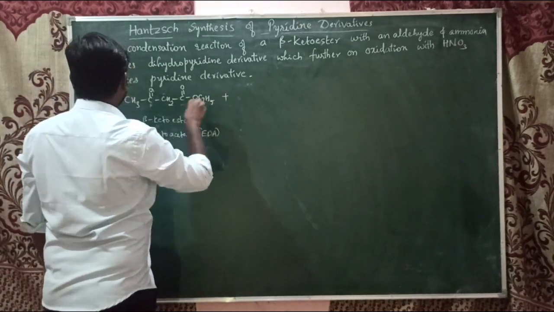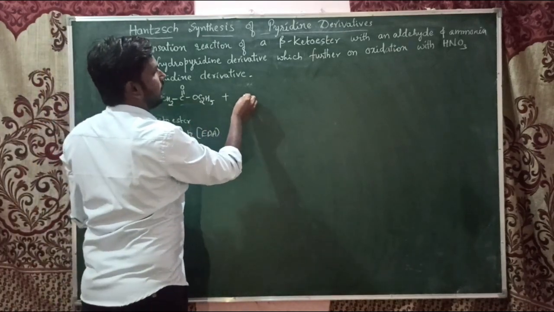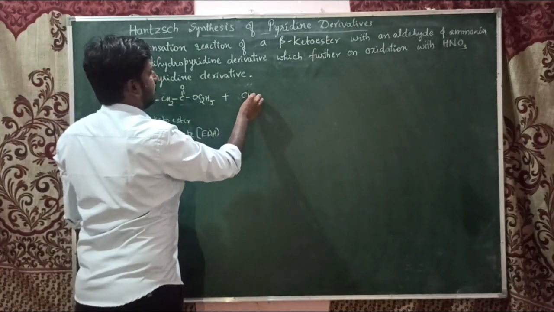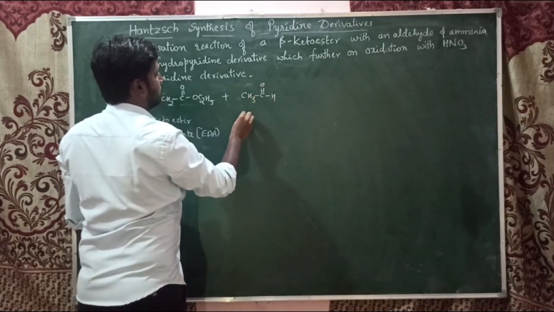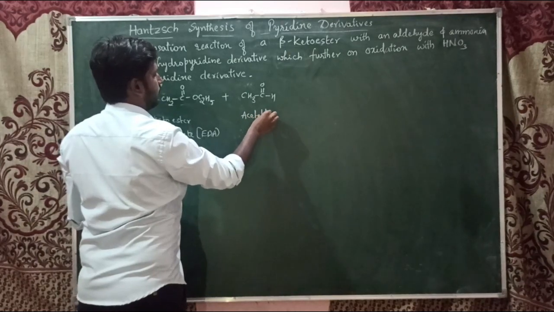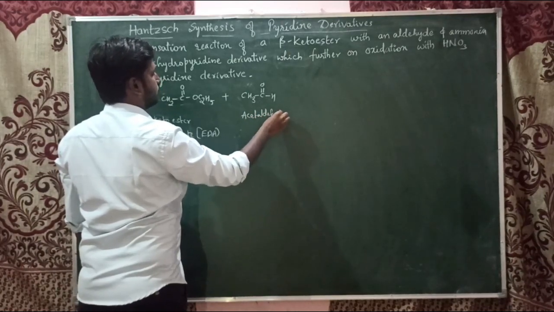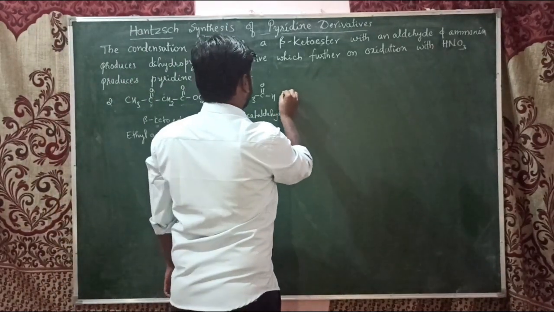Here we have taken 2 molecules. It is going to react with an aldehyde. Let me take the aldehyde CH3CHO, this is acetaldehyde, and ammonia, NH3.